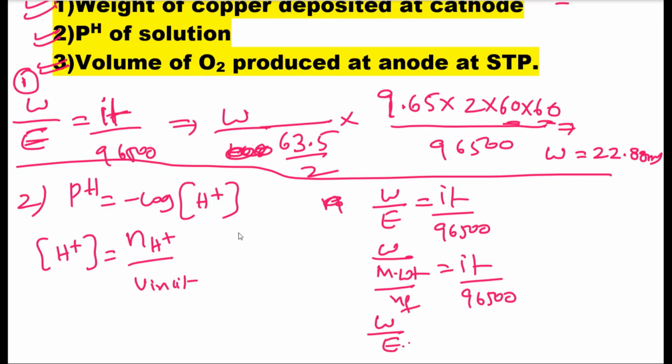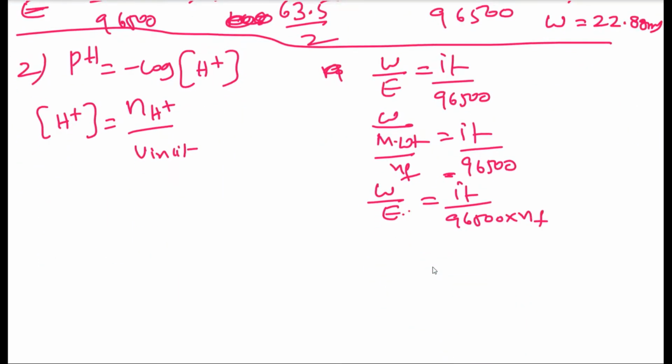Here W by E is equal to IT by 96,500 into N factor. This is an easy problem. Here, weight by molecular weight is nothing but number of moles.